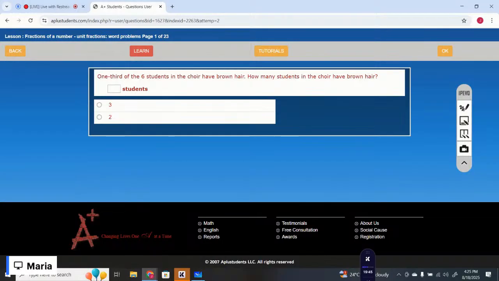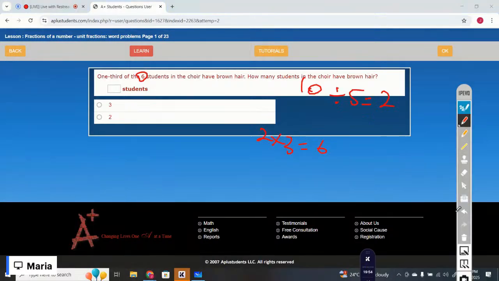One third of the 6 students in the choir have brown hair. How many students in the choir have brown hair? So we have to do 1 by 3 of 6, right? So that is 6 divided by 3, which is 3.